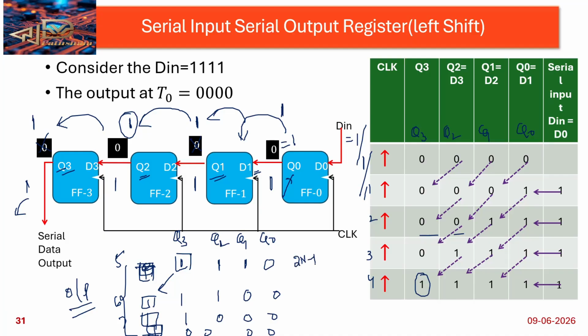That means 2n minus 1 clock cycles are required here. So for a 4-bit register, 2 times 4 minus 1, that is 8 minus 1, 7 clock cycles are required here. Clear? That is how the data comes out from the serial in serial out register.